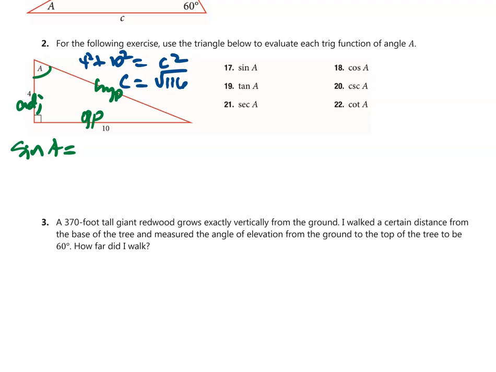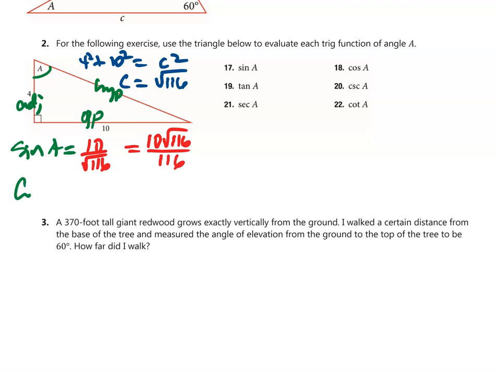So sine A is 10 over square root of 116. And if you rationalize this, multiplying by square root of 116 over square root of 116, that's going to be 10 square root of 116 over 116.